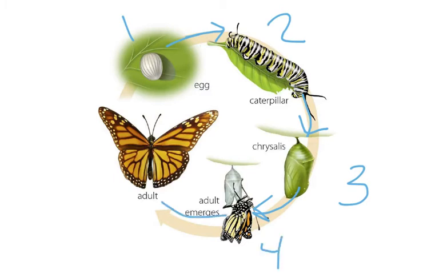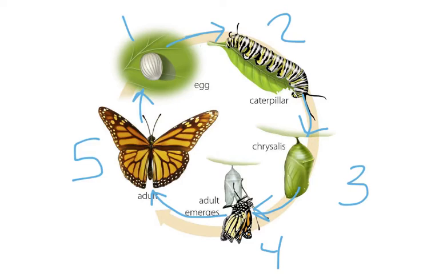And after they come out of their chrysalis, they are an adult butterfly. So this is step 5. Then, as adults, the females will lay eggs and the cycle will start over again. And that's why it's called a cycle, because it's the same pattern that happens over and over and over again, and it just keeps going around and around.